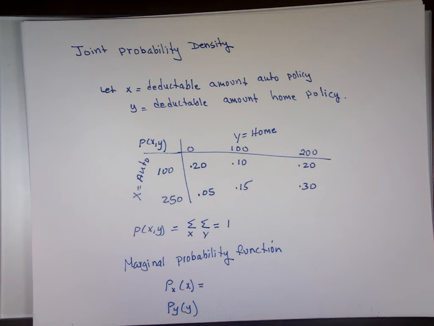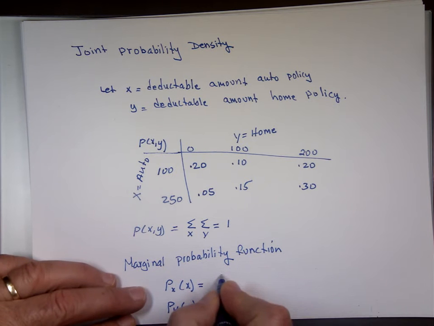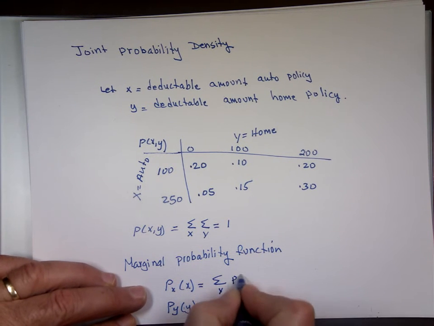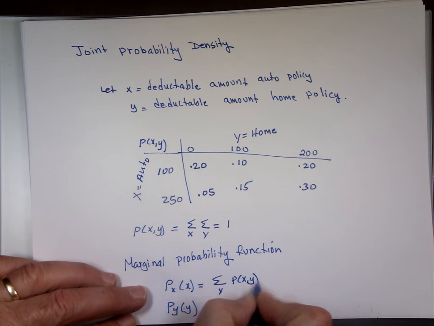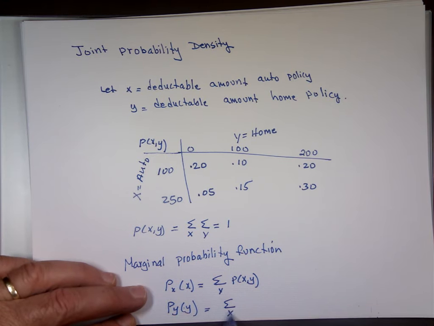When you want to find the probability of X, you add the summation over Y. And when you want to find the probability of Y, you add the summation over X.